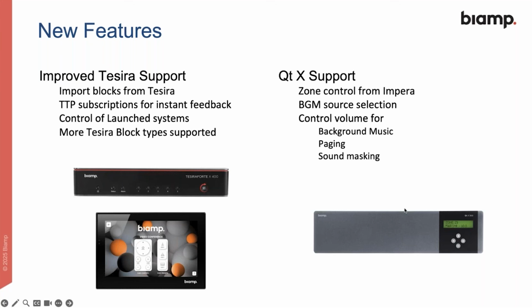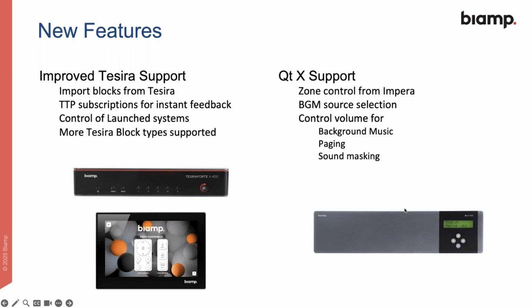I don't know if most of you are aware, but our Tessera Forte X line of products support auto configuration called Biamp Launch. And it auto configures, if you're using all Biamp peripherals, it'll configure your mics and speakers automatically. So it's like a one-touch commissioning. The only thing is the configuration is locked.